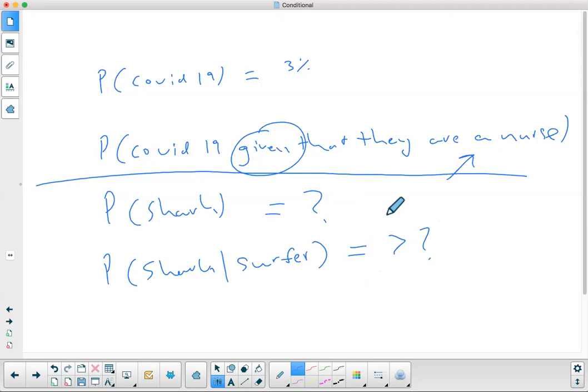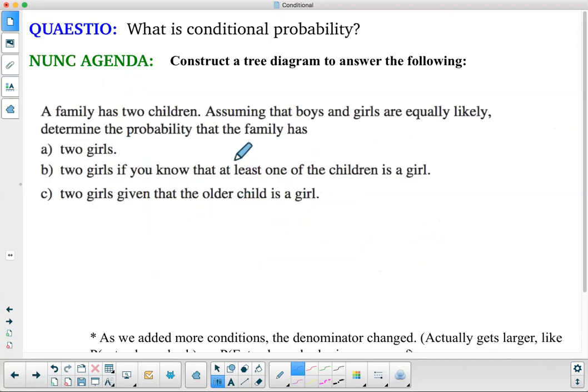And you can think of the probability of getting into a car accident versus the probability of getting into a car accident given that you are a NASCAR driver, right? It's probably a higher probability that somebody that races cars is going to get in a car accident. So we're looking at the sample size, the sample space, I mean.